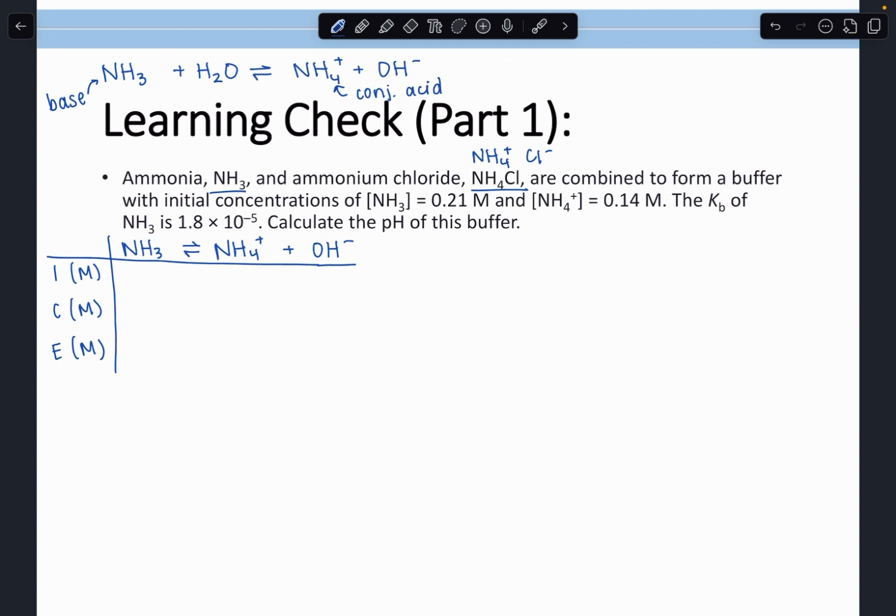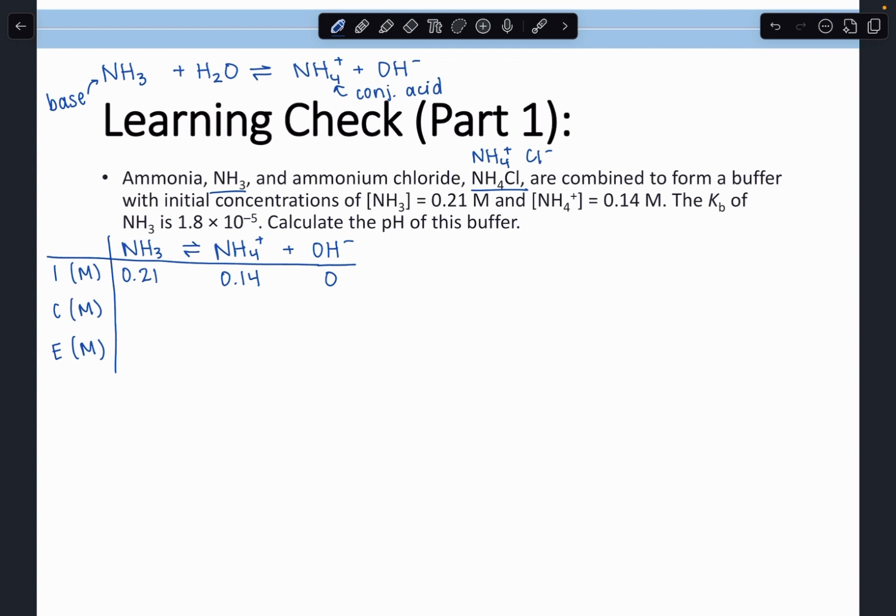Now we have initial concentration of NH3 is 0.21 molar and NH4 plus is 0.14. Then we can assume 0 for hydroxide. Because there is no hydroxide present, the reaction will have to go to the right to reach any equilibrium.